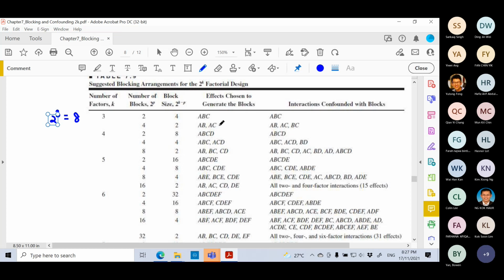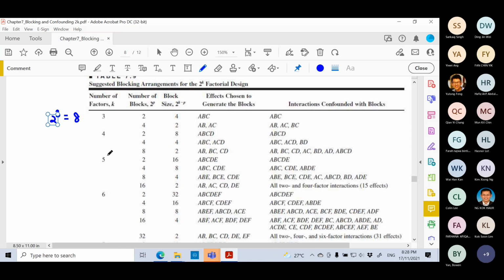You cannot choose the high-order ABC, because as I mentioned just now, if you choose ABC, your remaining is another 2-factor interaction, and when you consider the product, you will end up with the main effect. So that is not a good choice. Therefore, the generators for the blocks will be AB and AC. The product of these two gives BC.